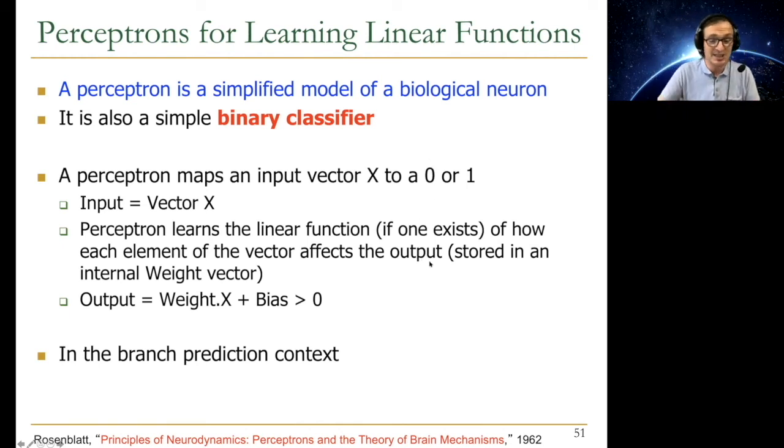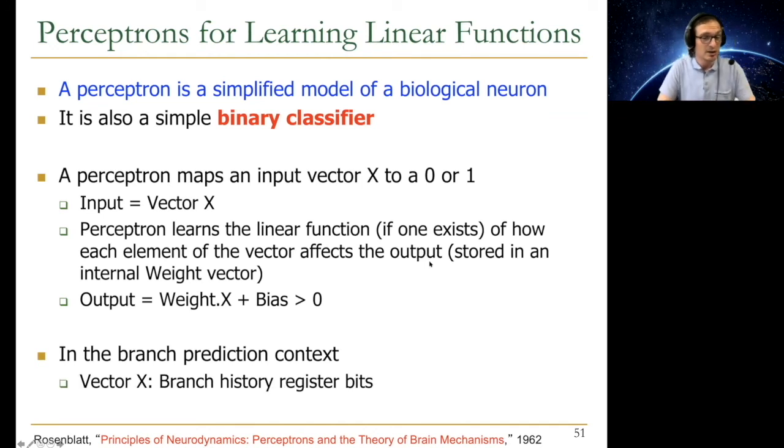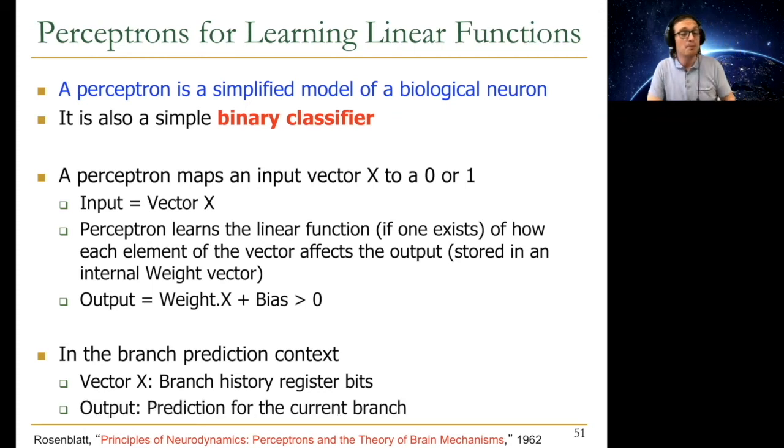In the branch prediction context, we don't have words, but we have branch history register bits. So vector X is really the branch history register bits, and output is the prediction for the current branch. And the internal weight vector is how correlated the branch history register bits that we're examining are with the output of the current branch.